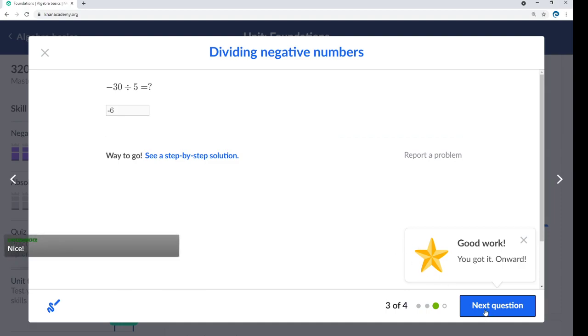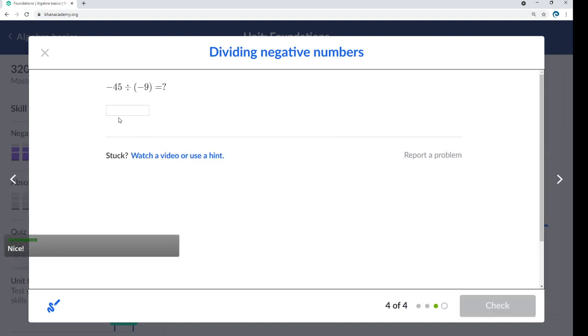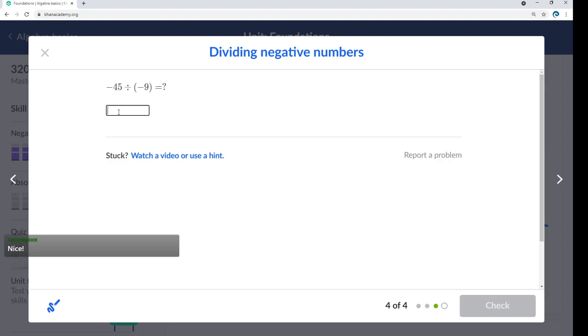Okay. So, this is the final one. Oh, damn. 45 divided by 9. Okay, 9 plus 9 is 18, right? And then you double that, and it's 20, 30. Is it 4?